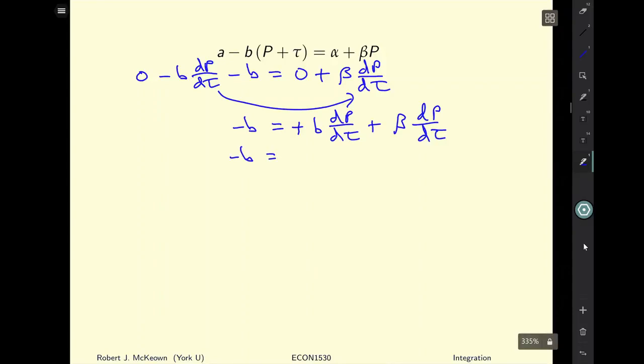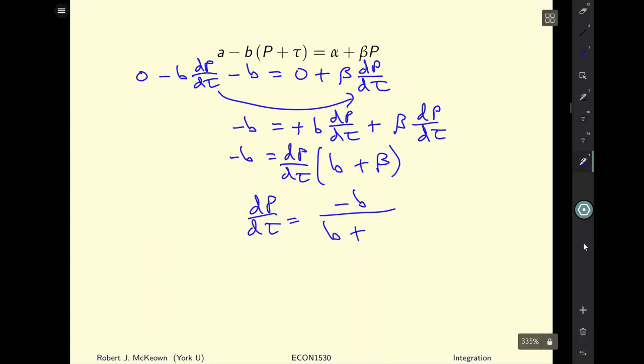And I'll factor out dP/dtau. So now we've got b plus beta, just like that. And then now I divide both sides of the expression by b plus beta. So we're going to end up with dP/dtau is equal to negative b over b plus beta.